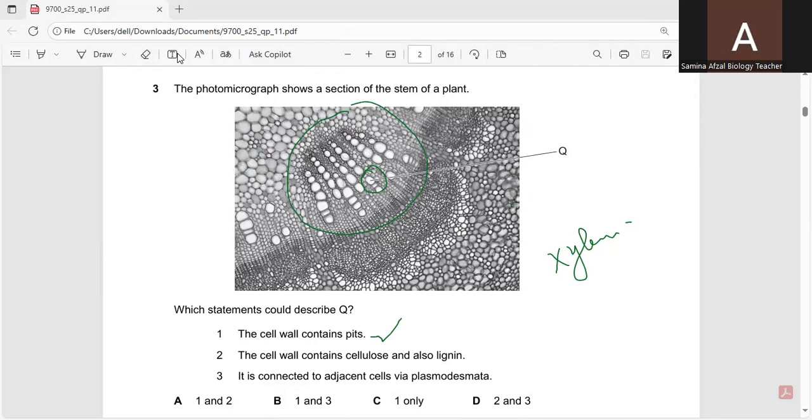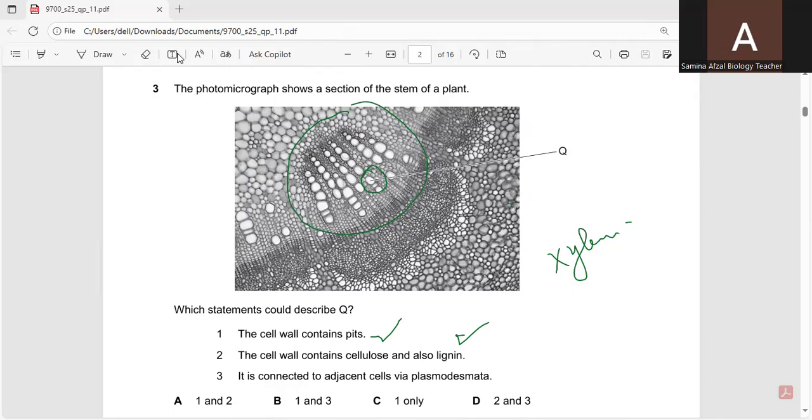Yes, cellulose is also present and lignin is also deposited in the wall. The pits are thin areas in the cell wall that allow water to move laterally between adjacent xylem cells. So these xylem cell walls contain cellulose as well as lignin.